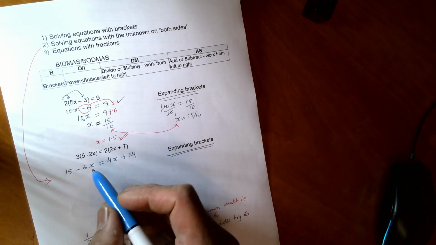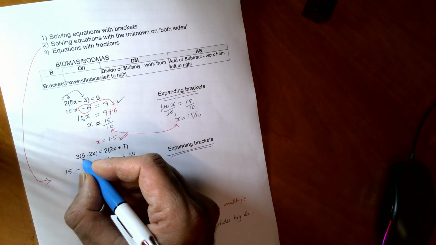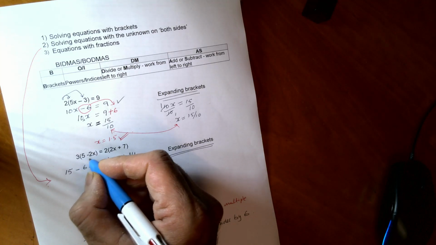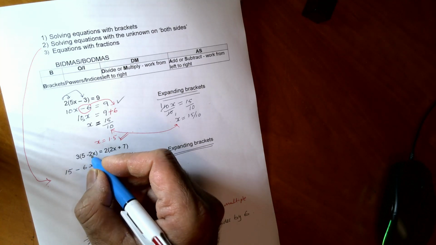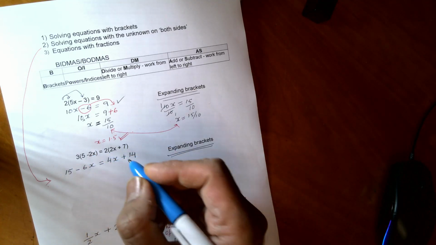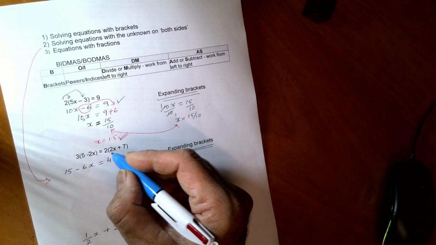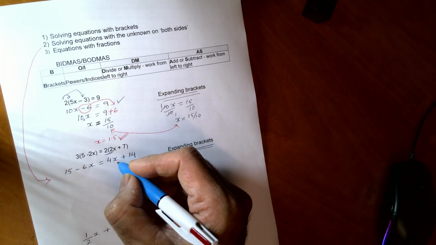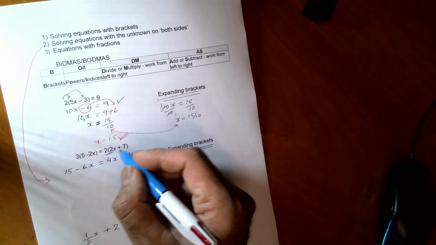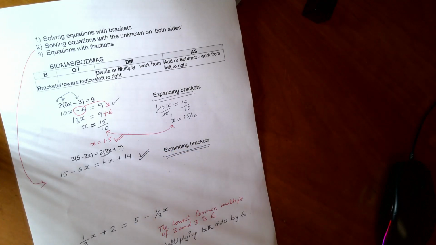Expanding this is again the same thing: 3 multiplied by this 5 to open up, and then minus 2x multiplied by 3, so that gives you 15 minus 6x, equal to, again 2 multiplied by this first, 4x, plus 7 multiplied by 2, 14. Okay, so this is what we always do, expand the brackets.